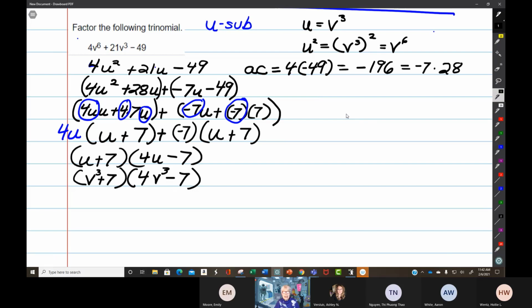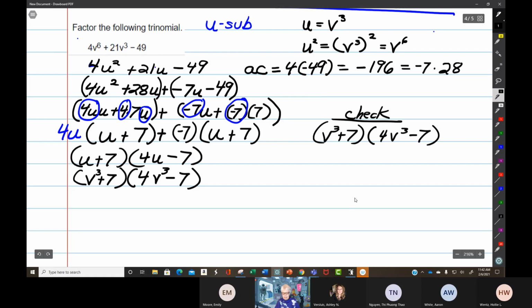And now I'm going to check it. v to the third plus 7 times 4v to the third minus 7. v to the third times the first term, v to the third times the second term, plus 7 times the first term, plus 7 times the second term.